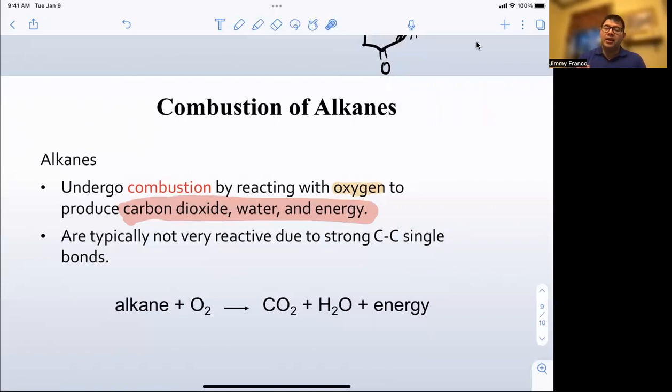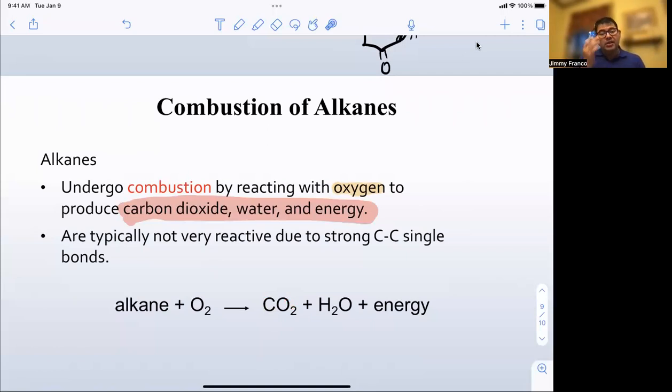The body does it very elegantly and slowly kind of oxidizes the molecules. Same thing here. We're taking our alkane, which is just a carbon chain, and we're going to oxidize it to CO2. So anytime you're oxidizing something, you're putting on more carbon-oxygen bonds. So the most oxidized form of carbon is CO2, right? And so what we're essentially doing here is harnessing the energy from those bonds.